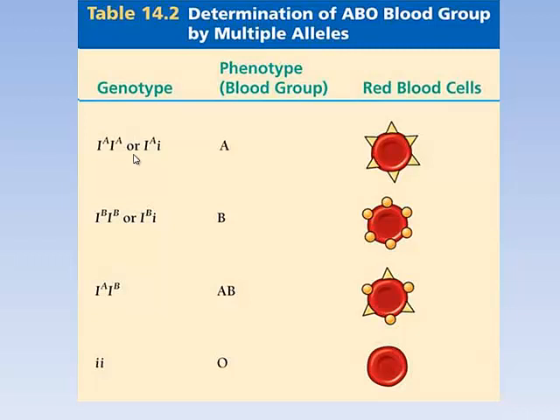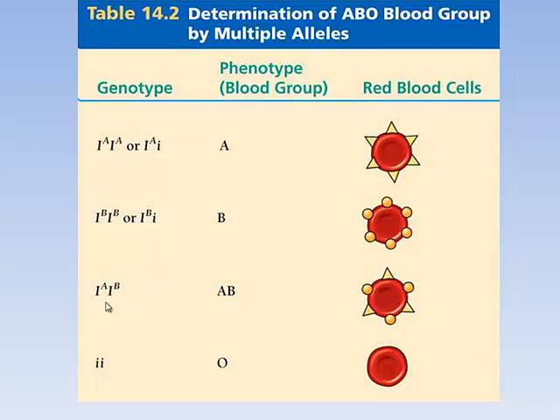So let's look at the genotypes that go along with the blood types now. So for type A blood, for phenotype A, you could have IA IA, or you could have IA and little i. Same thing for B. You could be homozygous IB, or you could have IB i.